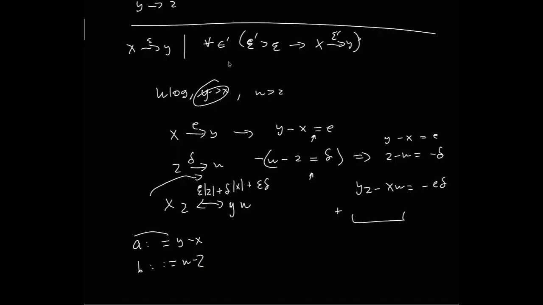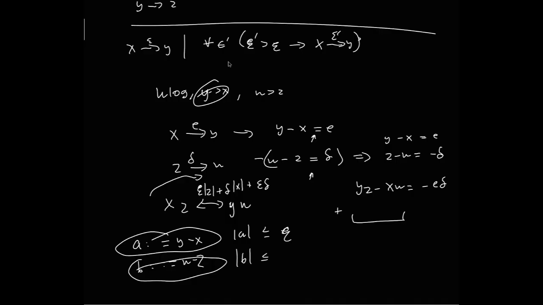So you can explicitly say that's the difference, and this difference is less than or equal to epsilon, and this is less than or equal to delta. And you can show these A's and B's are precisely that. All right, then. And you can also use the triangle inequality when you're doing this.